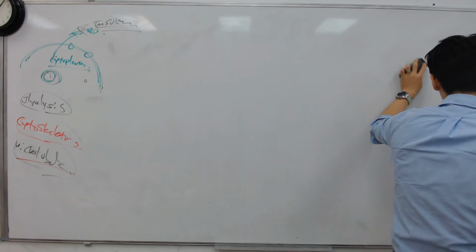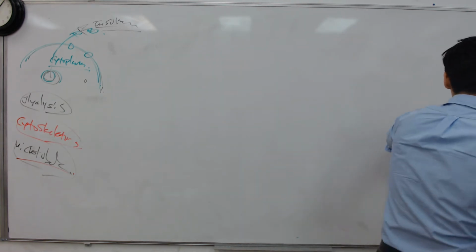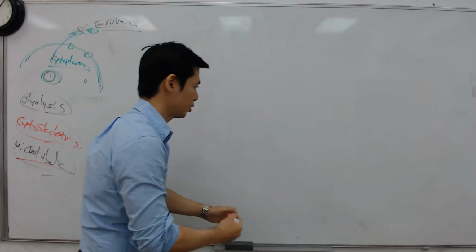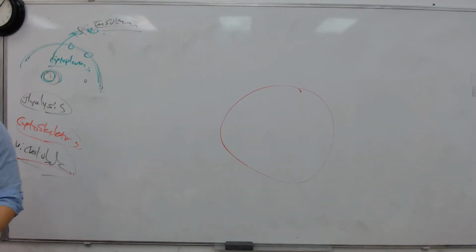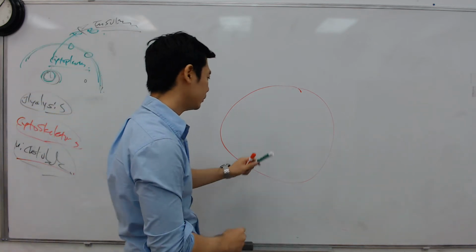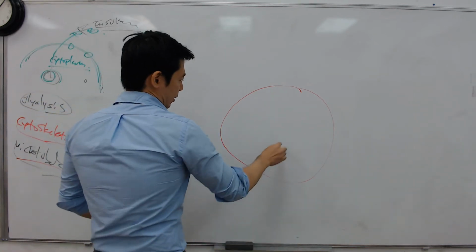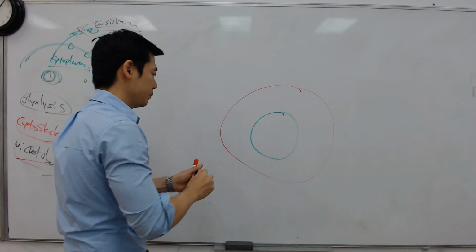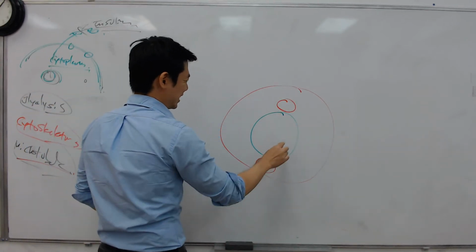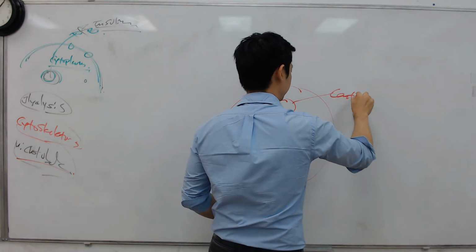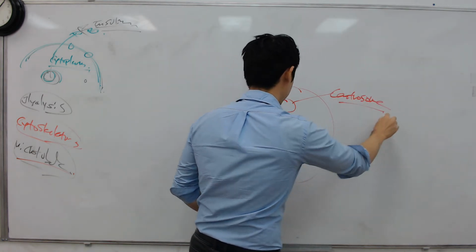The centrosome is a region of the cell, like a location of the cell. This is a cell, right? We have to talk about the cell wall, by the way, for the plant cell. So this is the nucleus, okay? Outside the nucleus, there's a region called the centrosome. So there are two centrosomes, okay?